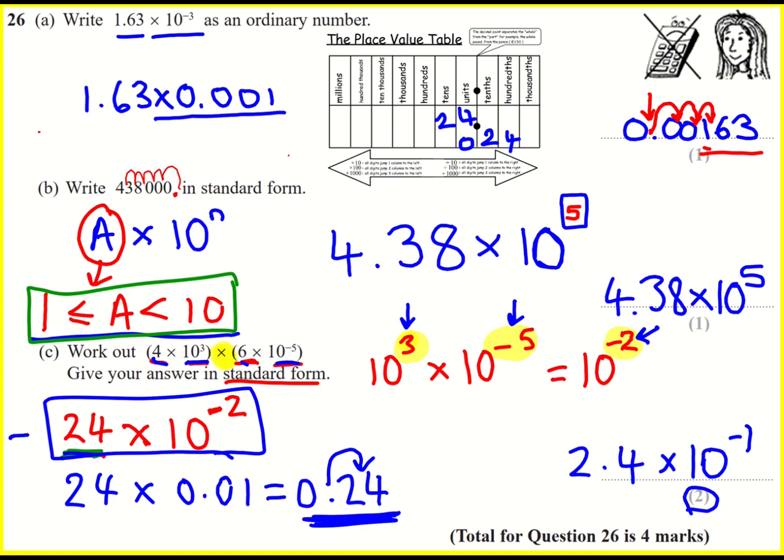Now this is not in standard form because 24 is not less than 10. It needs to be less than 10. So think about this in your place value table. 24 multiplied by this, which is your 10 to the minus 2, gives you this. And then what is that if we popped it back into standard form? So make it 2.4 because it's got to be a number greater than or equal to 1 and less than 10. And I've just adjusted that by then multiplying by 10 to the minus 1.